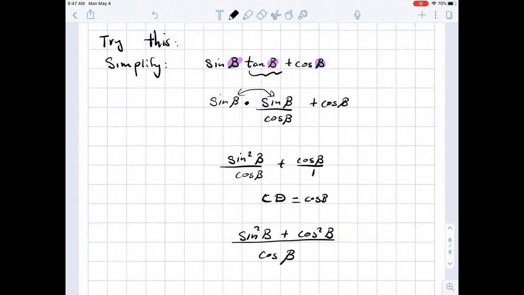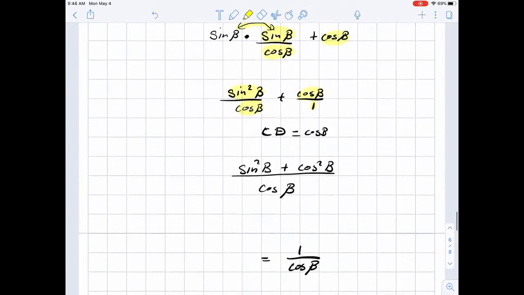So as I said, if you don't want to use beta as an angle, if you have a difficult time writing it, you could change it and write theta or whatever. Now, in this problem, we can rewrite what tangent is. So tangent we know is sine beta over cosine beta. So then if you multiply sine times sine, gives me sine squared over cosine beta plus cosine beta over 1.